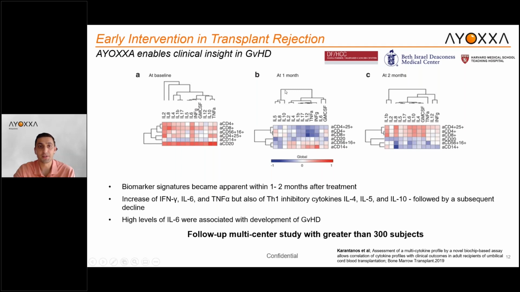In addition, they found that IL-6 levels during the post-transplant period positively correlated with the development of graft-versus-host disease. Again, this group's impact may lead to early detection and intervention for graft-versus-host disease and has led to a follow-up multi-center, multi-participant study, which is currently going on.